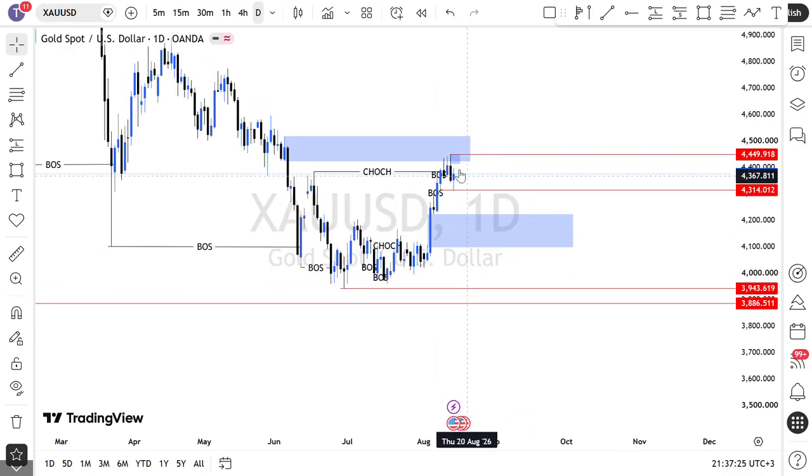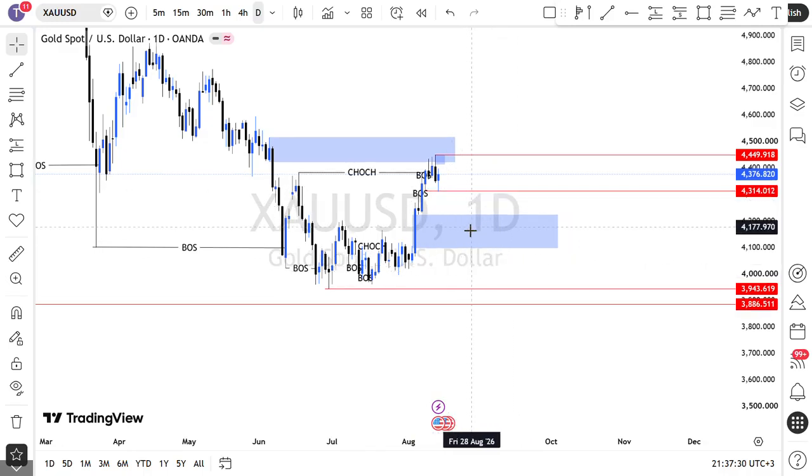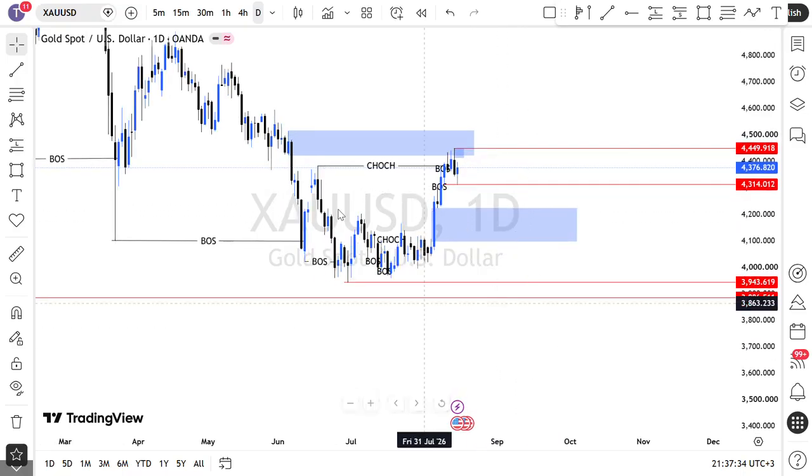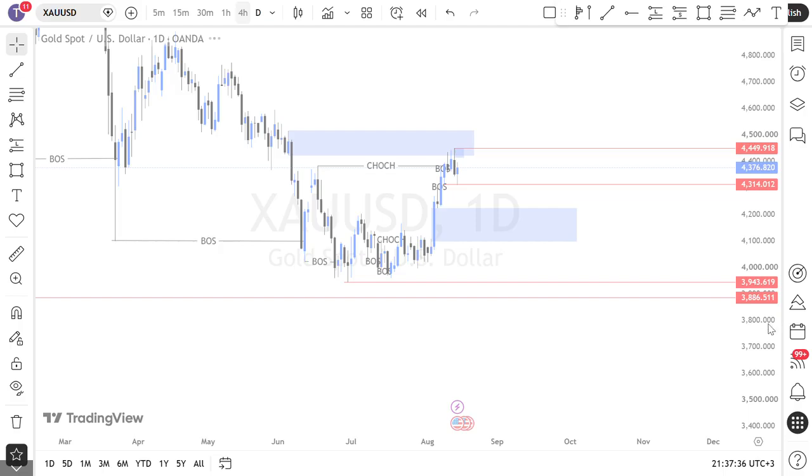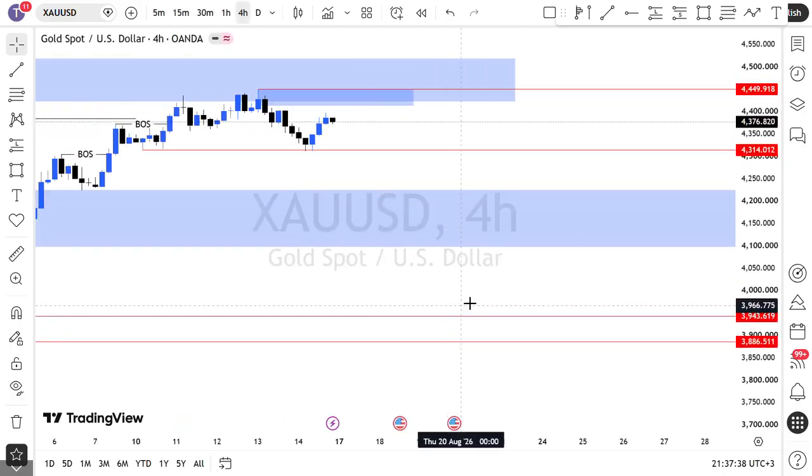I'll also try to update you guys on anything that price will be doing from this area, either to the upside or the downside. So make sure you are here to follow the analysis as well.